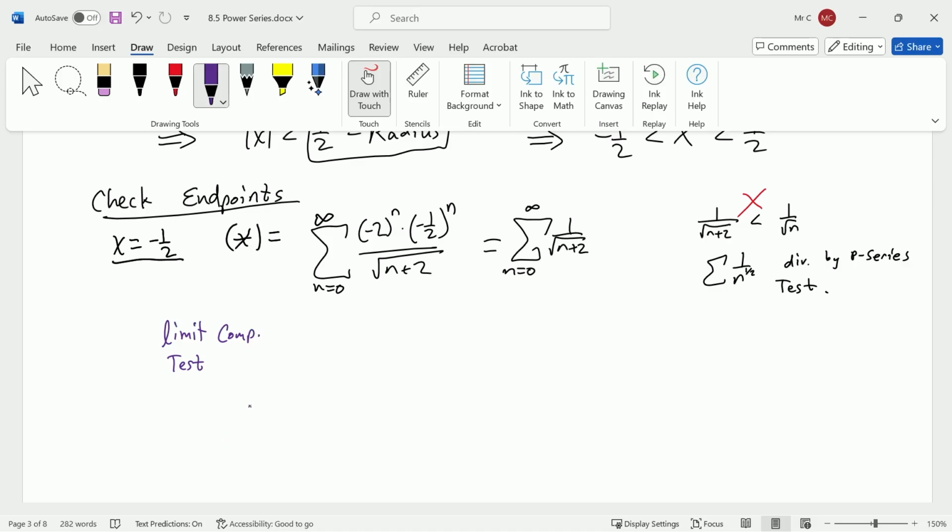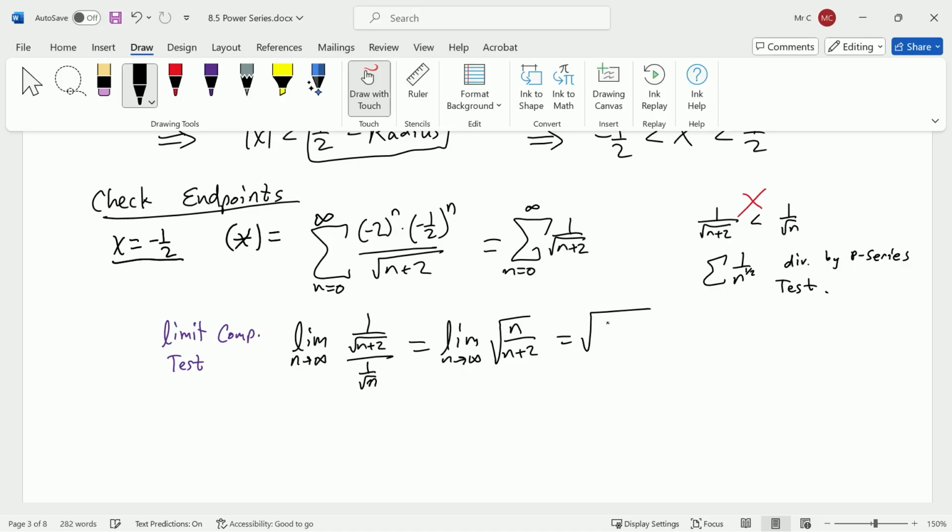And, well, how are we going to do that? We set up the limit as n goes to infinity. We take one of our terms, say 1 over the square root of n plus 2, divide it by the term for the other series we're comparing it to. This becomes the limit as n goes to infinity of the square root of n over the square root of n plus 2, and I can move that all into one square root. And I can move that limit inside that square root.